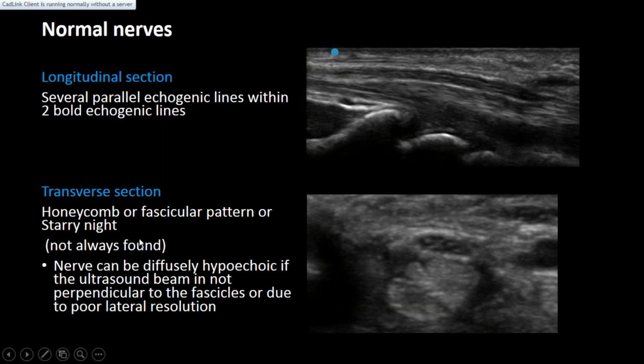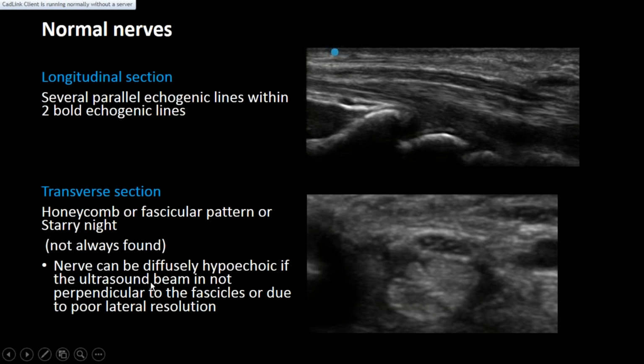But they are not always found in all the nerves, at all the locations and through the course of the nerve. At some locations, the nerve can be diffusely hypoechoic, and that can be because the ultrasound beam is not perpendicular to the fascicles, and that happens because of anisotropy.